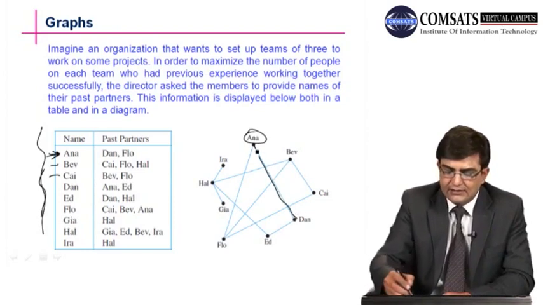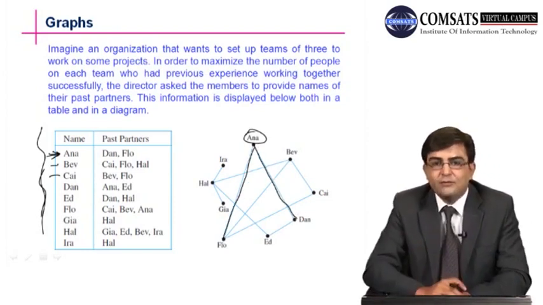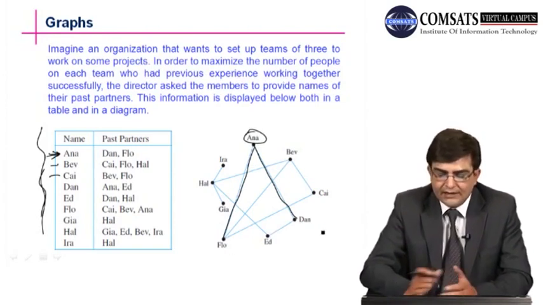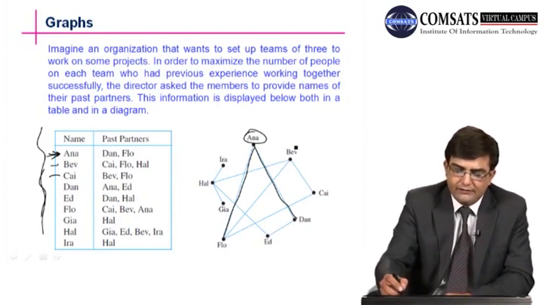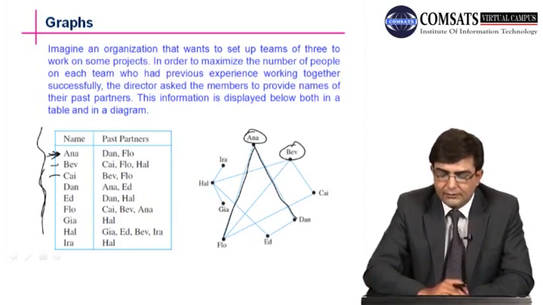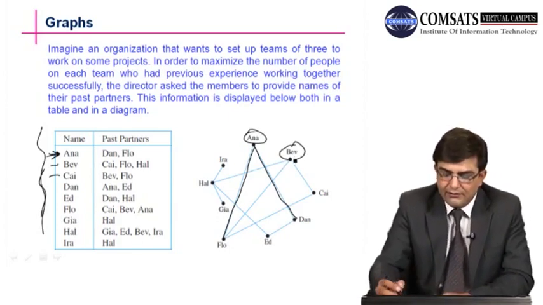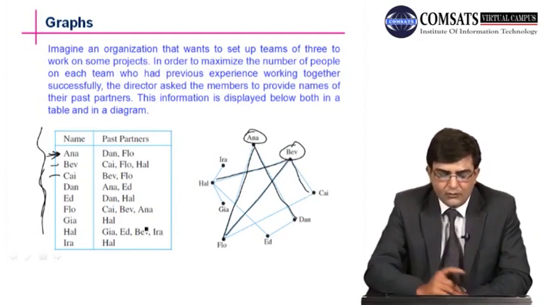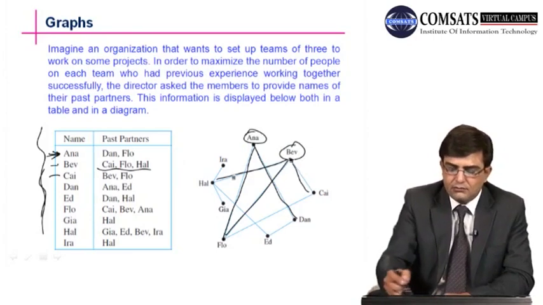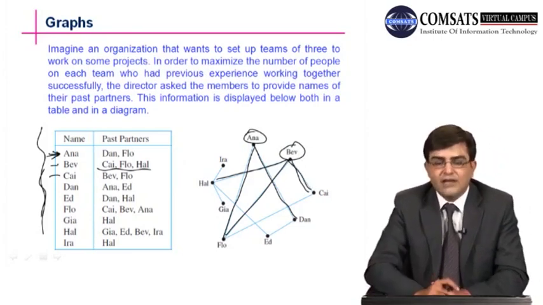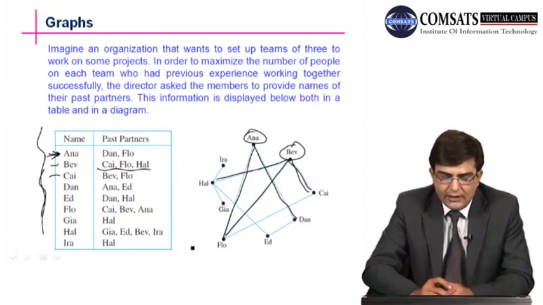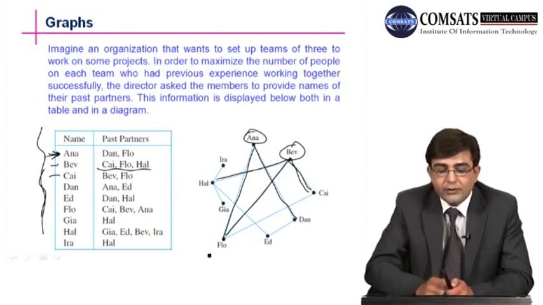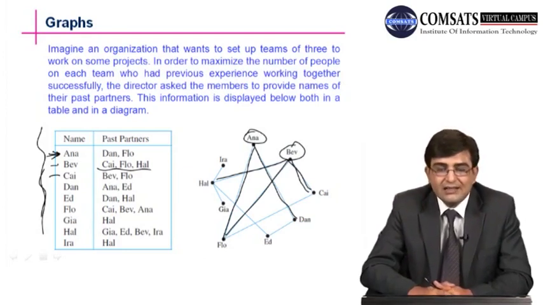This is shown with the help of lines connecting these 3 people. Similarly, Bev is here, and Bev has worked with Sia, Flu, and Hal. All these are marked with edges. These are called edges. Such types of problems we deal with in graph theory.